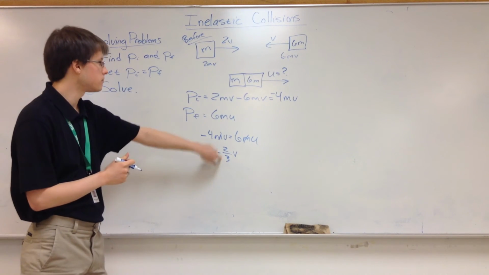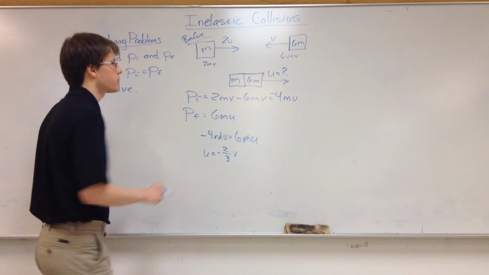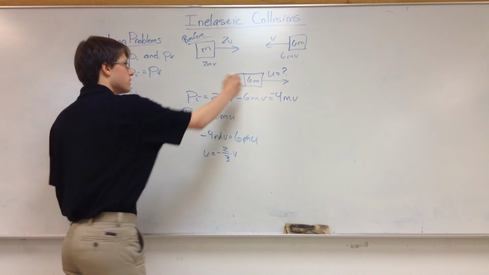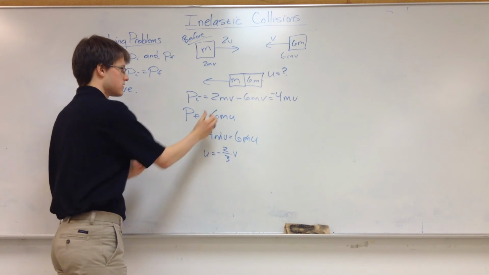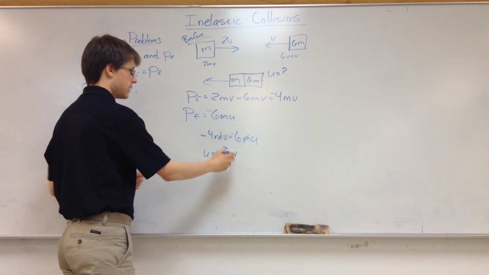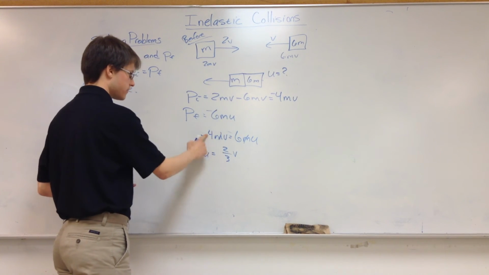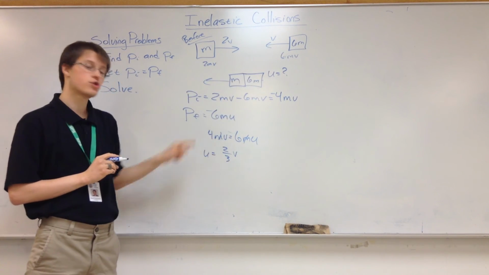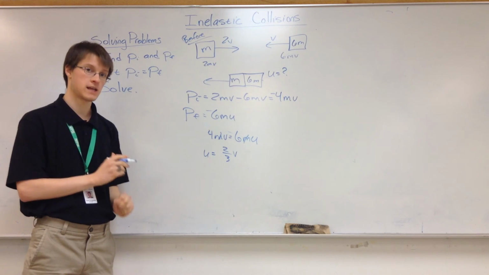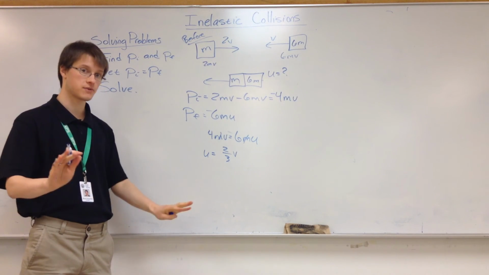So the negative sign means it's going to be moving to the left. If we had said originally it's moving to the left, then this is negative, and negative and negative cancel, so this is positive. All that means is that you chose the correct direction, because now this is a speed, not a velocity.